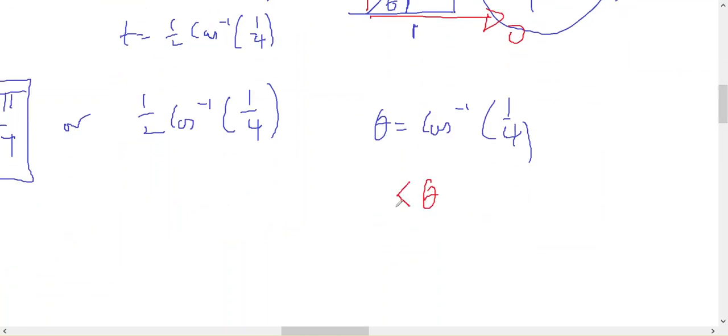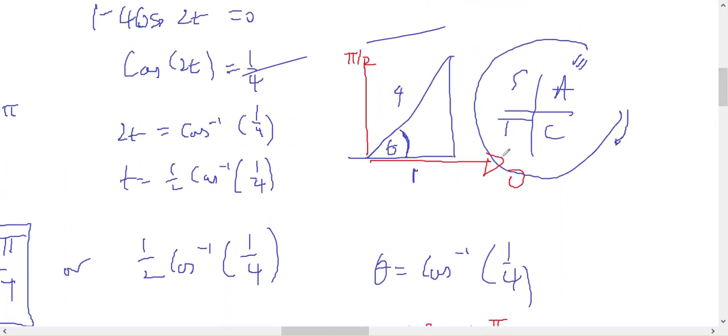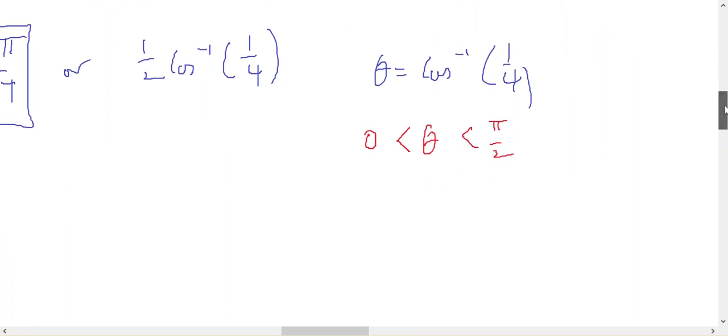It doesn't equal 0 because it's in the first quadrant, and doesn't equal pi on 2, which means that theta on 2 must be bigger than 0 on 2, but less than pi on 4.